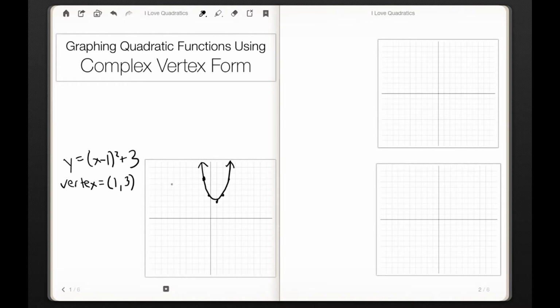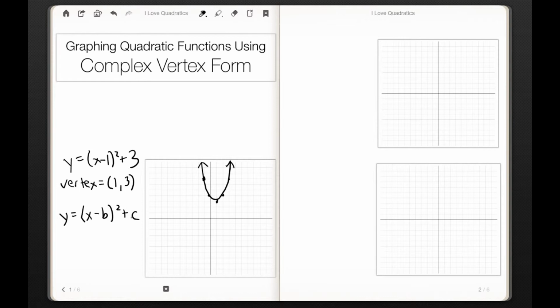Now what we're going to be adding in this video is a coefficient in front of the squared term. So if you remember, the general form for this equation was y equals (x minus b) squared plus c, where the vertex is b comma c. As you can see here, we have (x minus 1) squared plus 3, so the vertex is 1 comma 3.